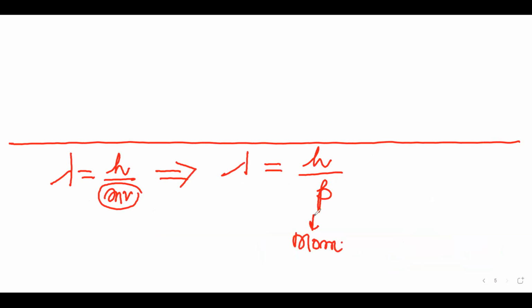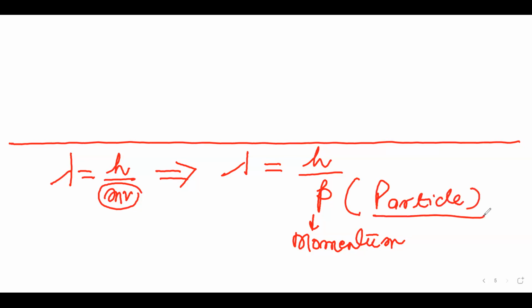You know that momentum is a property of a particle. मोमेंटम तो एक पार्टिकल ही पोजेस करेगा. A moving car has a momentum, ठीक है. A running athlete has a momentum. A moving electron will have a momentum.